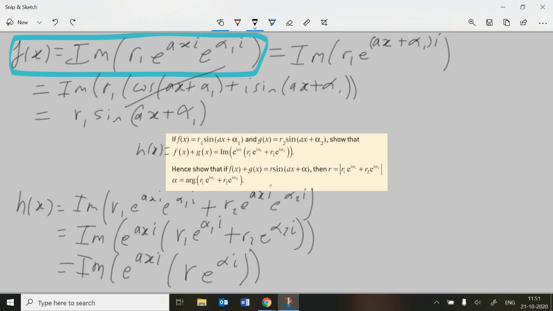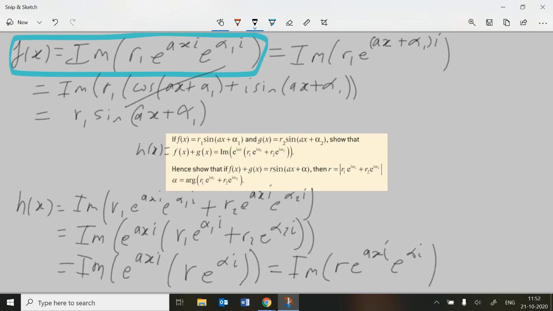Now you might be thinking, hang on a second here. You're saying that r is, we've got here the imaginary number. The imaginary part of this complex number is r, but that's the imaginary part of this complex number. So is it really r for the entire thing? So here we had r outside the front. It's very easy for us also to say that's equal to the imaginary part of r e^(ax i) times e^(alpha i).